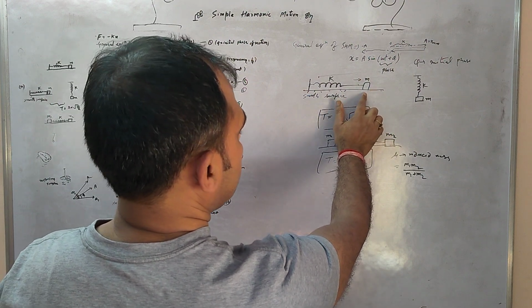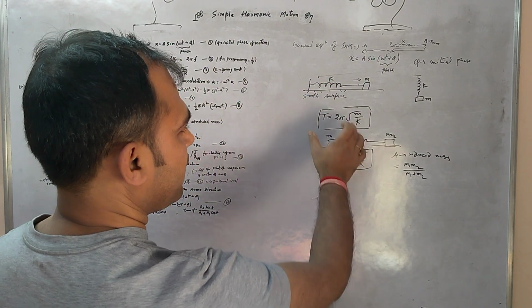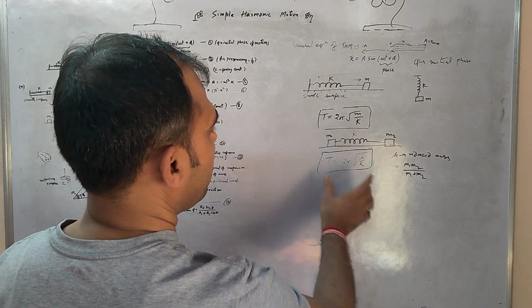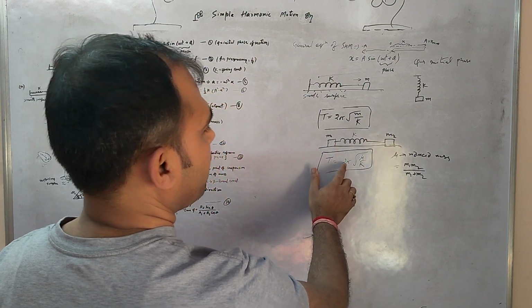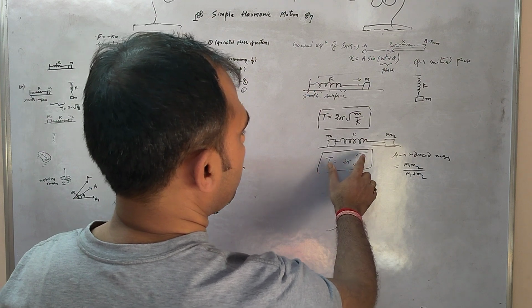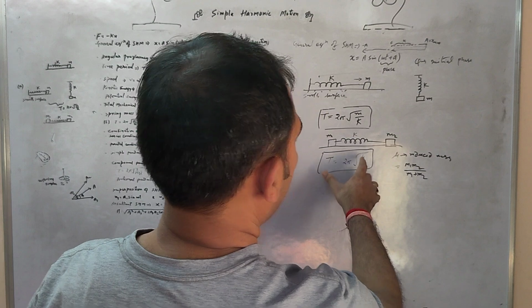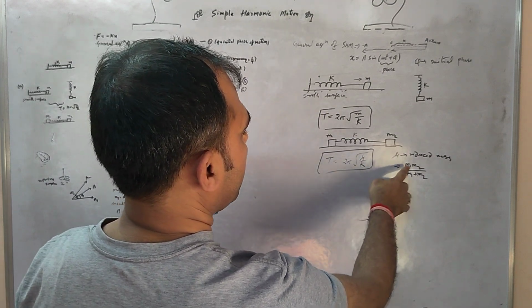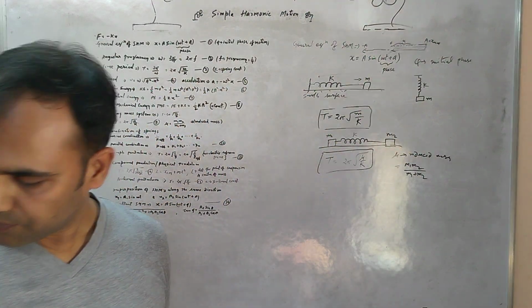So if a single mass body is connected with a spring, then the earlier formula will be applicable. If there are two masses connected with a spring, then we will apply this formula for time period, 2 pi root mu by k. Mu is the reduced mass, and the value of mu is m1 m2 by m1 plus m2. k is again the spring constant.